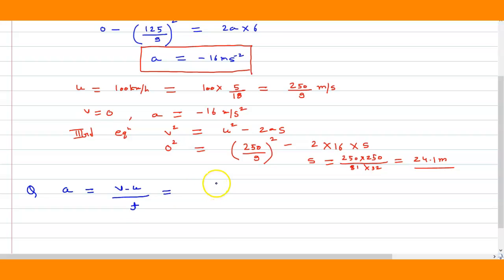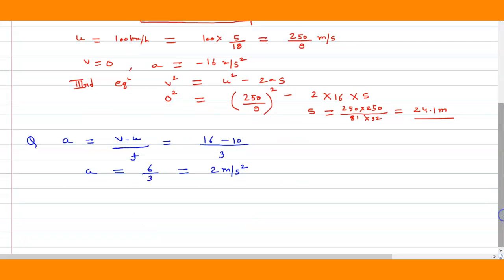I think 16. Initial speed is 10. And how much time is taken? I think this is 3 seconds. Then a is equal to 6 by 3, and this is equal to 2 meter per second square. This is the acceleration of the given body.